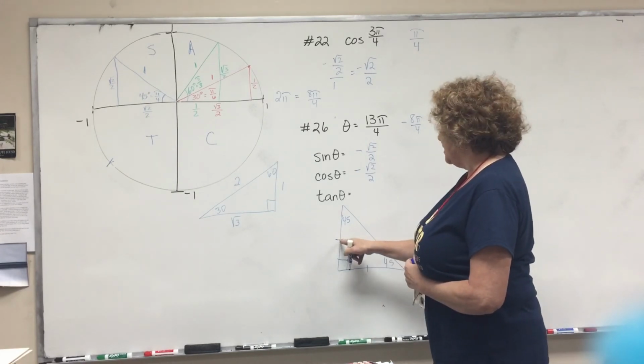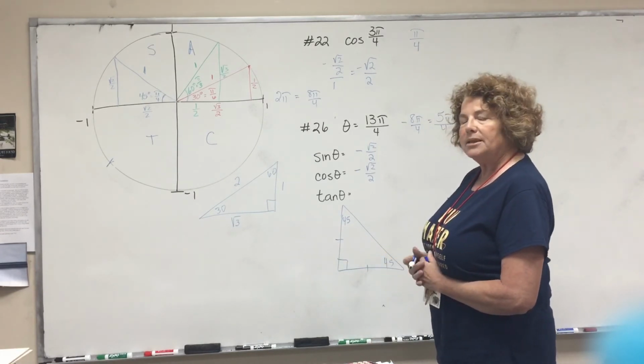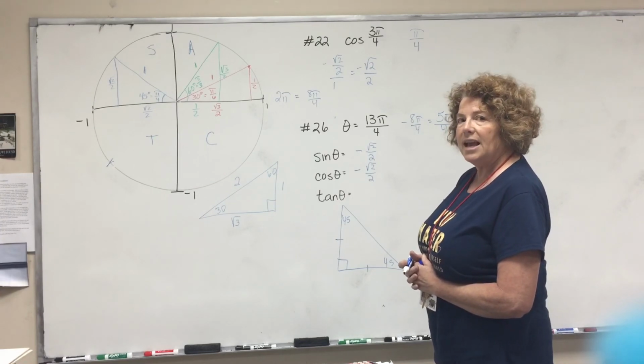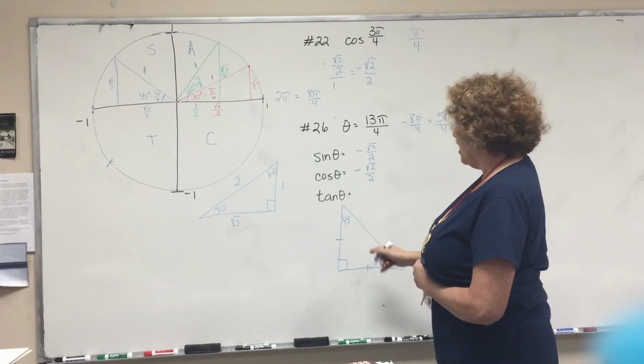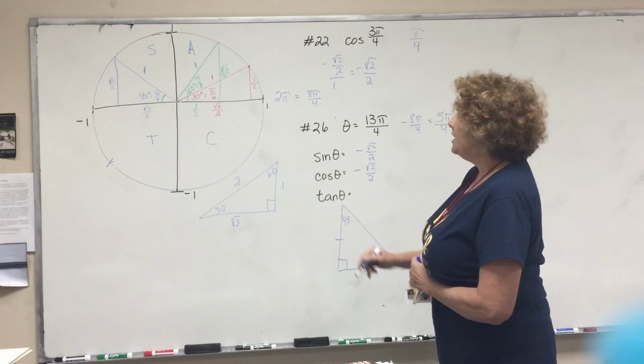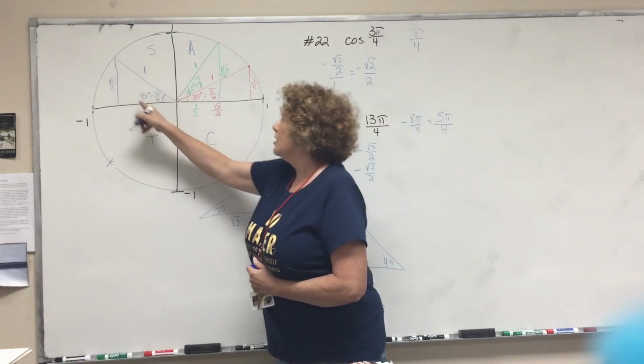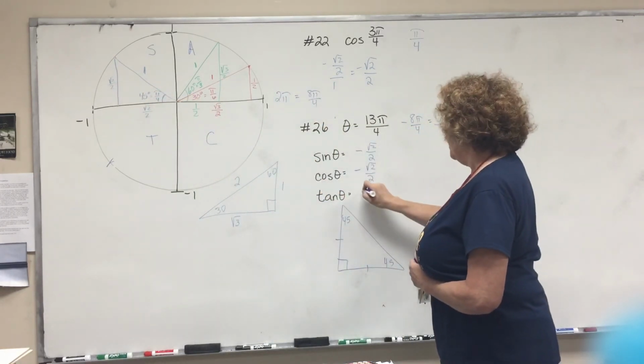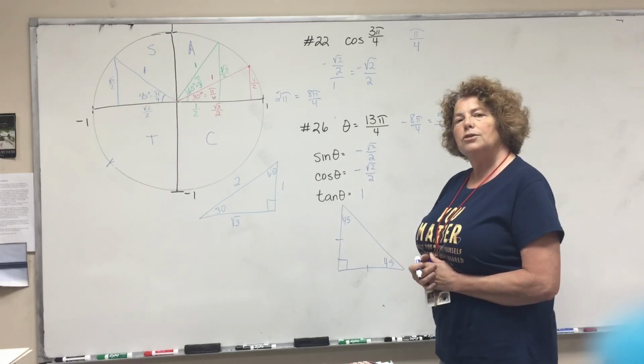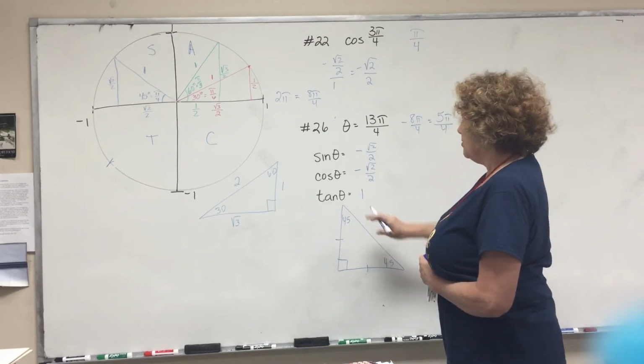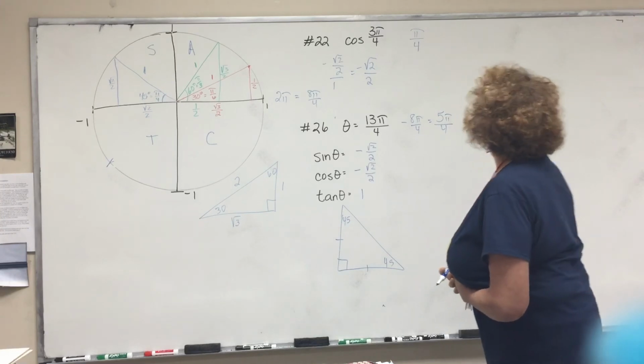So that means the opposite and the adjacent will always be the same with a 45, 45. And the tangent is opposite over adjacent, and since they're the same, root of 2 over 2 over root of 2 over 2 is just equal to 1.